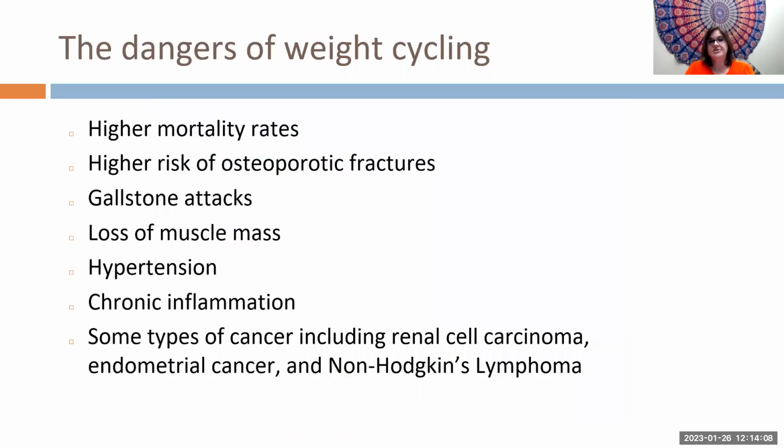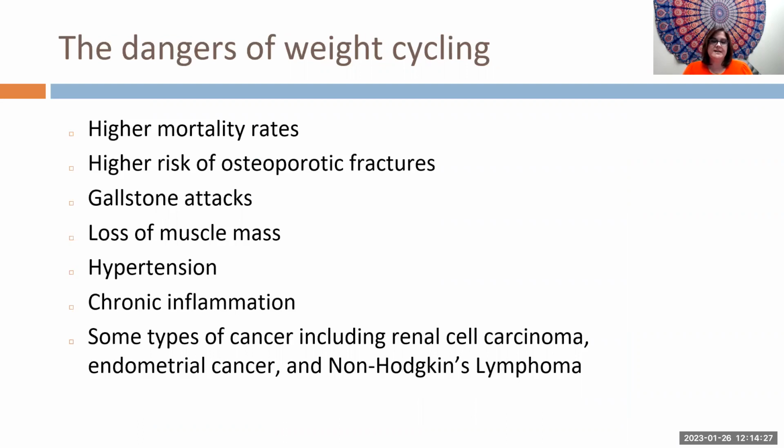And what the research is showing now is there's actually adverse health outcomes that are associated with this weight cycling. Higher mortality rates, higher risk of osteoporotic fractures, gallstone attacks, loss of muscle mass, hypertension, chronic inflammation, and some types of cancers.